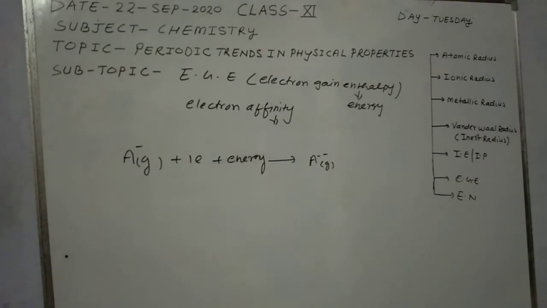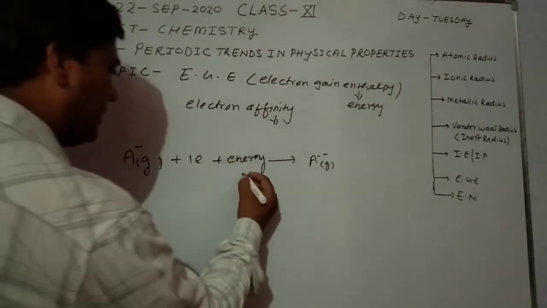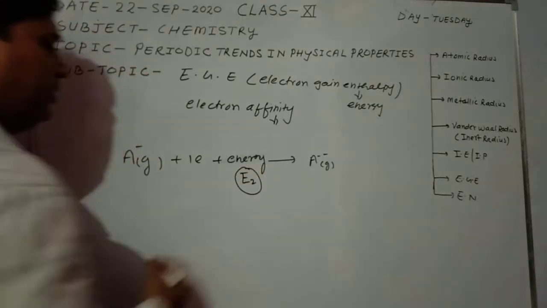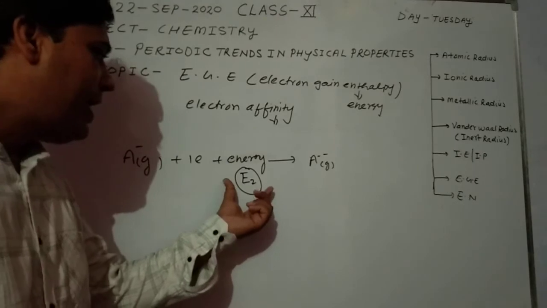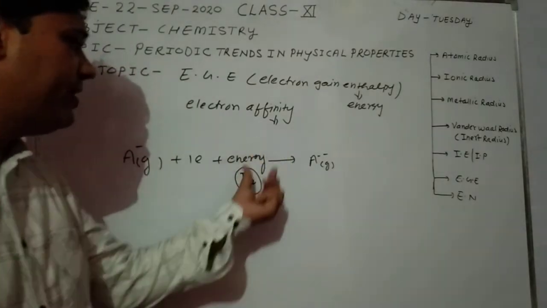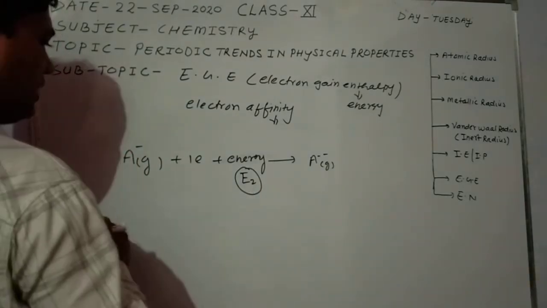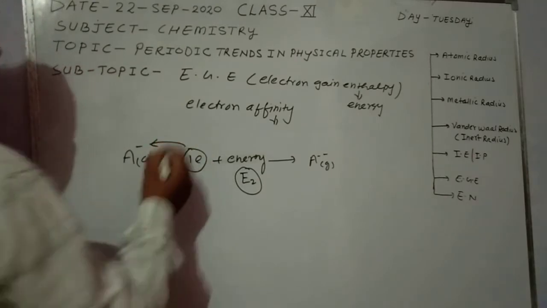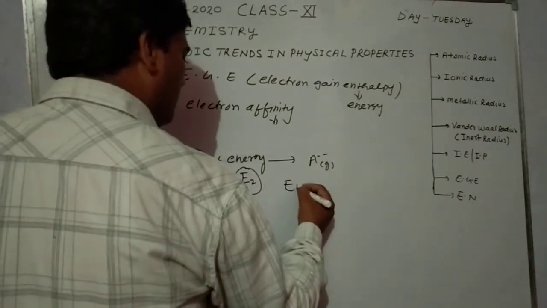So the second electron gain enthalpy is not really a gain of energy, because energy is added. When a second electron is added to a negative ion, it requires some amount of energy, so it is an endothermic process.